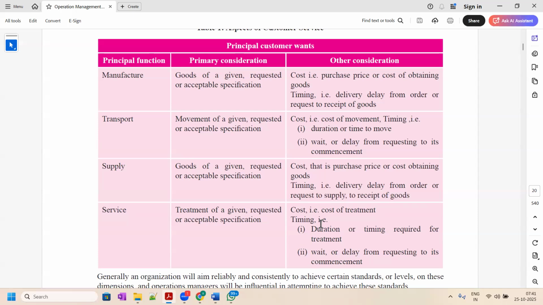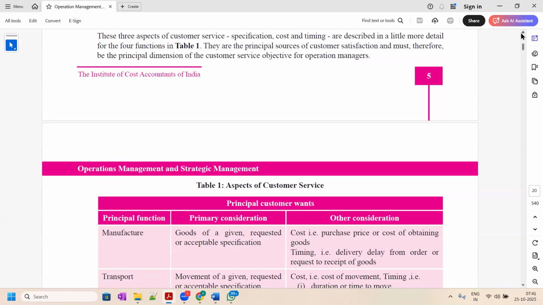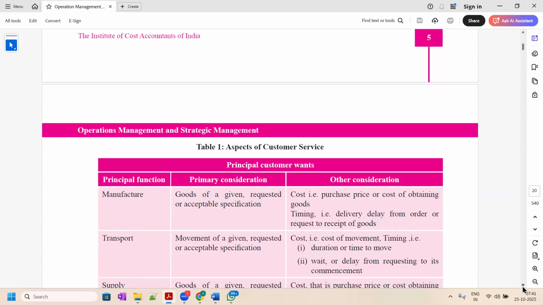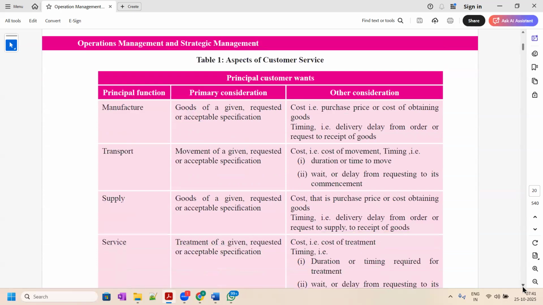Okay, that is what we are talking about here: specification, timing, and costing. And we discussed the four aspects. What are the four aspects, guys? Manufacture, transport, supply, and service. Clear, everyone?